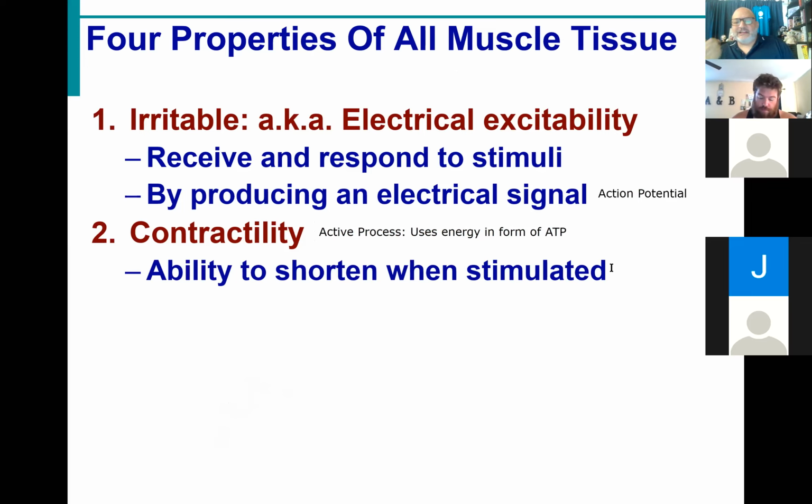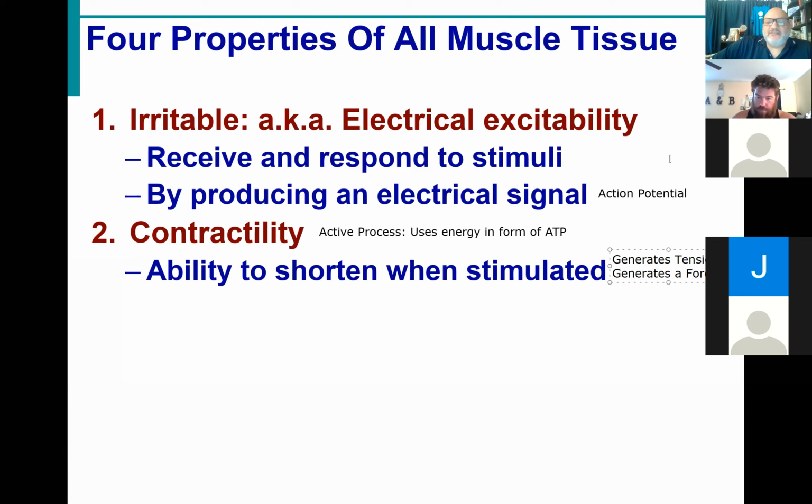This change in length generates tension. Or again, if we want to think of it in terms of physics, it generates a force, allowing it to do work. Move things through our body, move our body through space, hold our organs in place.